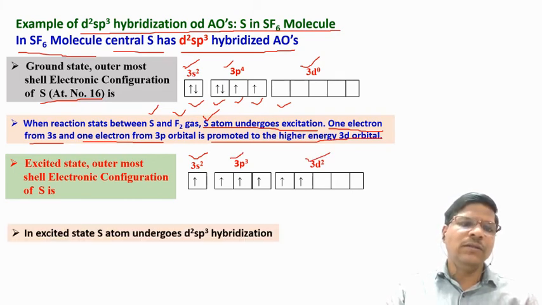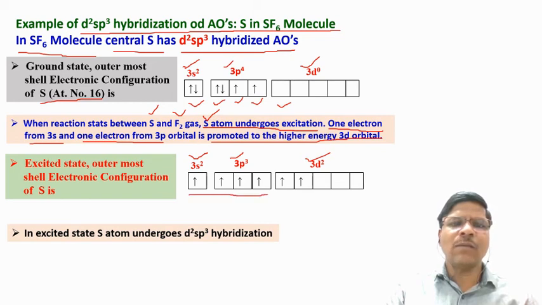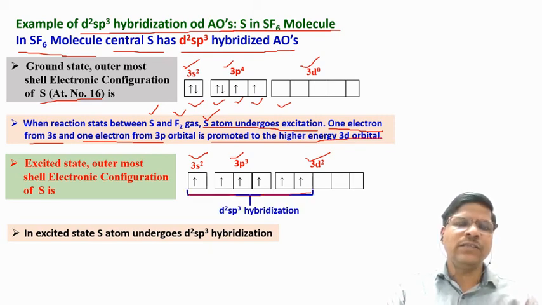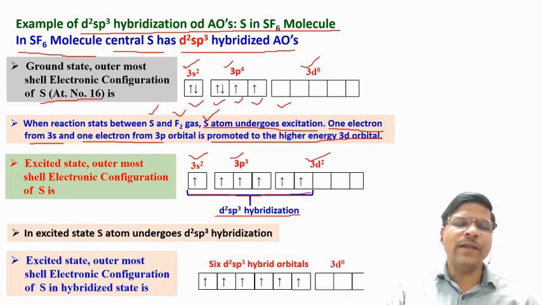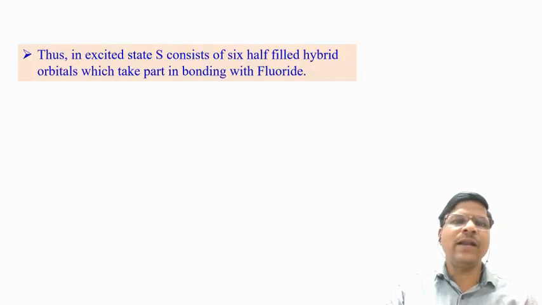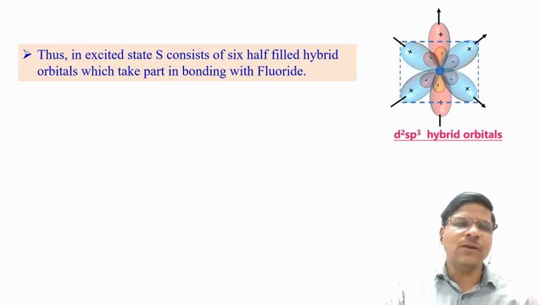So in the excited state, sulfur has totally these 6 half filled orbitals which take part in the hybridization. These 6 orbitals undergo D2sp3 hybridization and we get the formation of 6 D2sp3 hybrid orbitals.